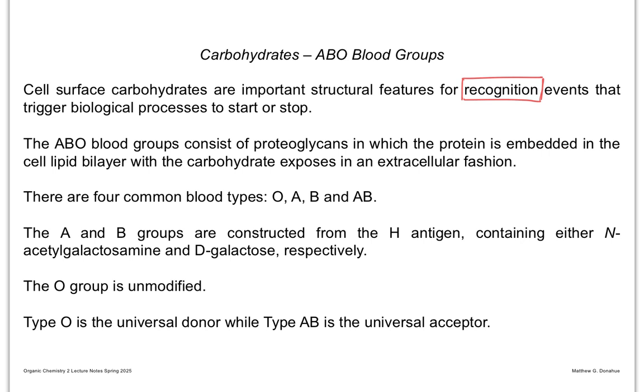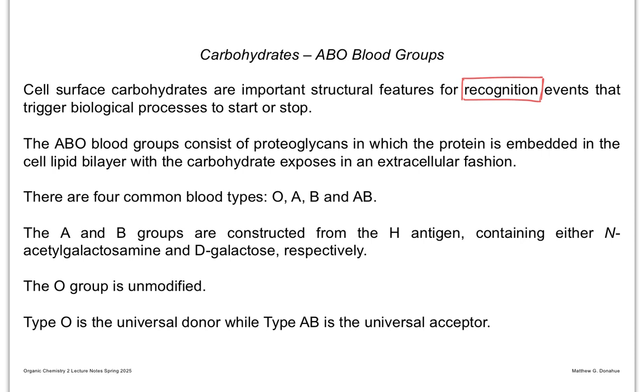So what do those letters really mean? So the A and B groups are constructed from the H antigen. Don't know what that is. If you've taken biology, you might know what that is. Go on to take biochemistry, you'll learn what that is. That contains either N-acetyl-galactosamine or D-galactose.